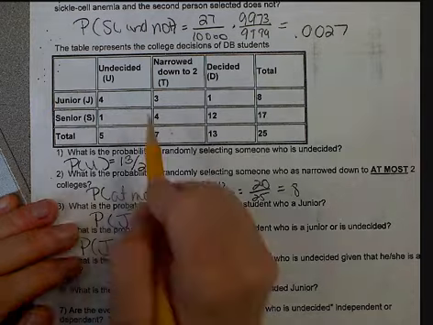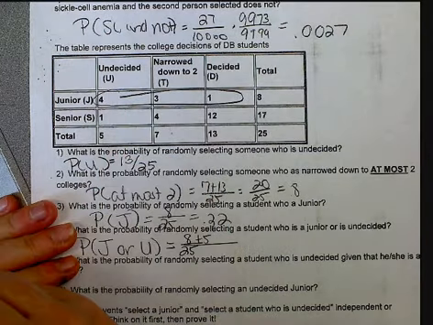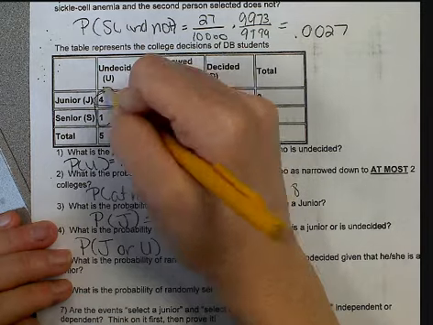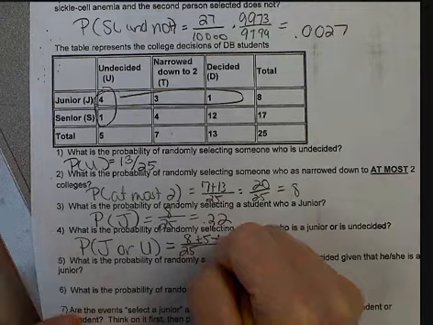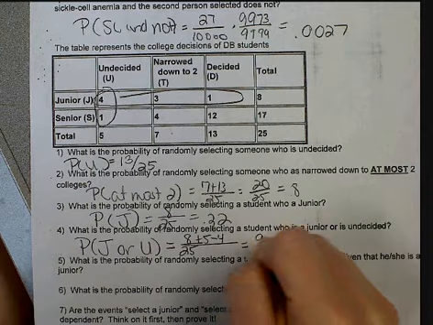We have 8 juniors. There are the 8 kids we involved in our calculation. We had 5 that were undecided. What do you notice? There's a group that's been counted twice. We can't count those kids twice. So I'm going to turn around and subtract 4. That way we are only counting them one time. So we end up getting 9 out of 25.